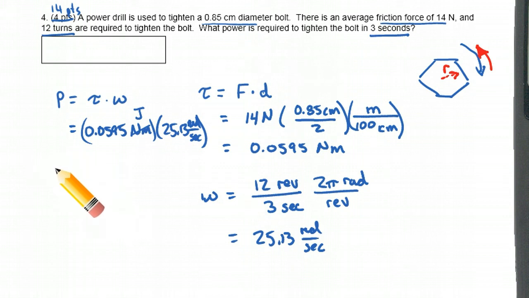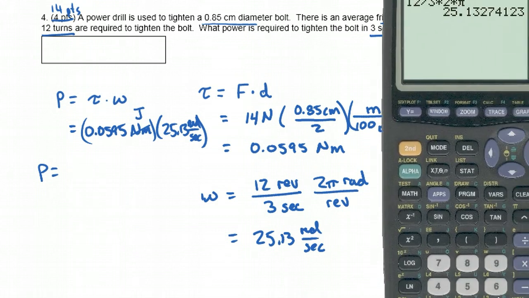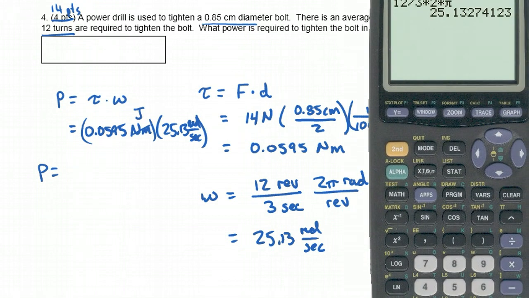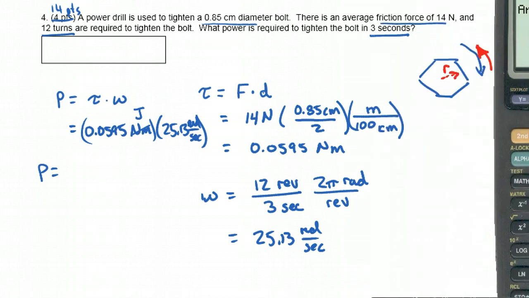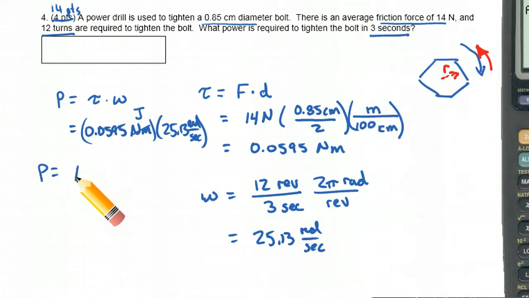That number comes out to be about 1.5 joules per second, or 1.5 watts.